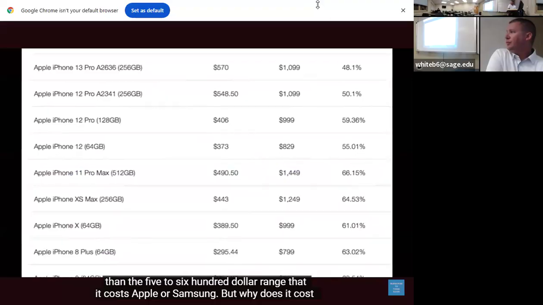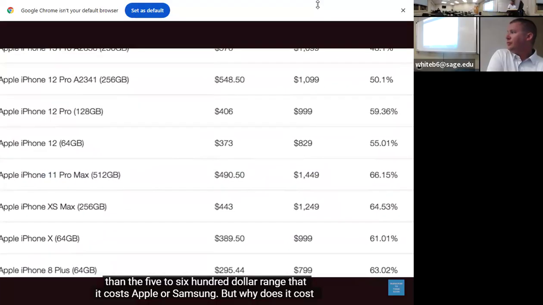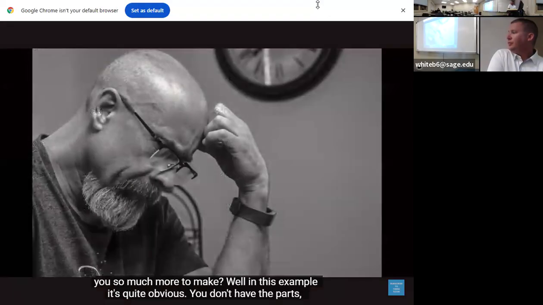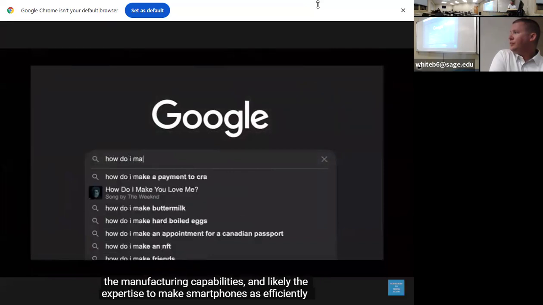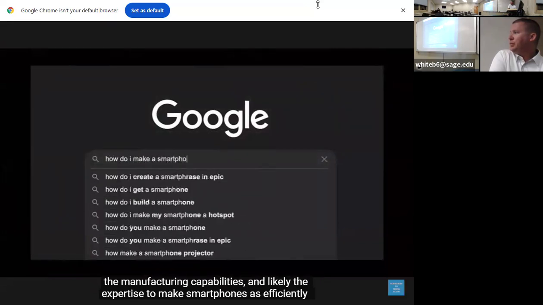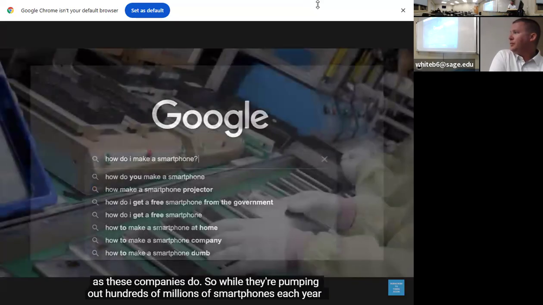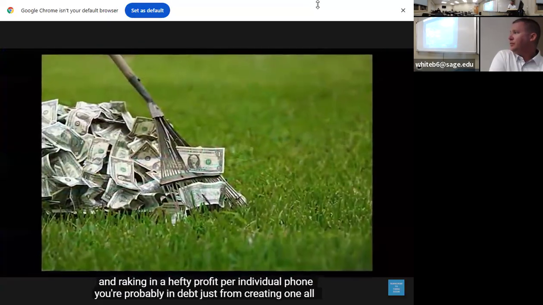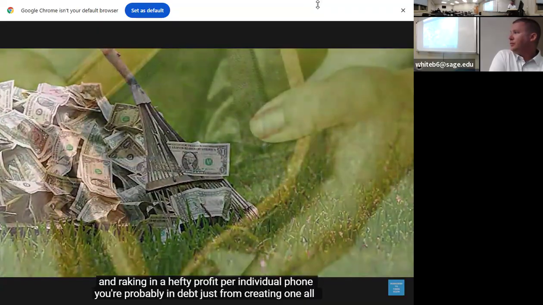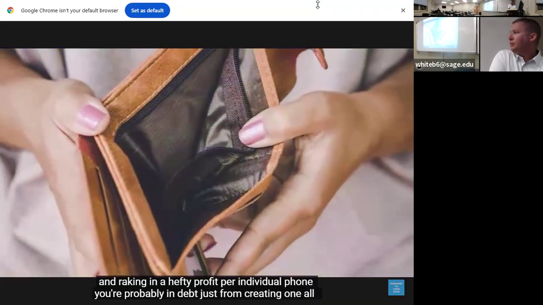Definitely more than the $500 to $600 range that it costs Apple or Samsung. But why does it cost you so much more to make? Well, in this example, it's quite obvious. You don't have the parts, the manufacturing capabilities, and likely the expertise to make smartphones as efficiently as these companies do. So while they're pumping out hundreds of millions of smartphones each year and raking in a hefty profit per individual phone, you're probably in debt just from creating one all by yourself.